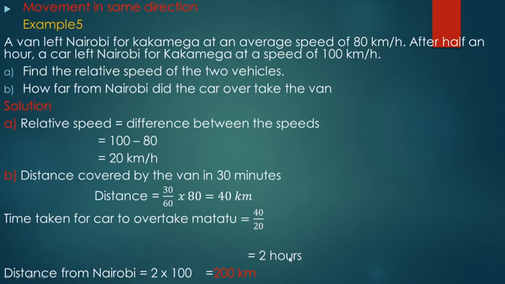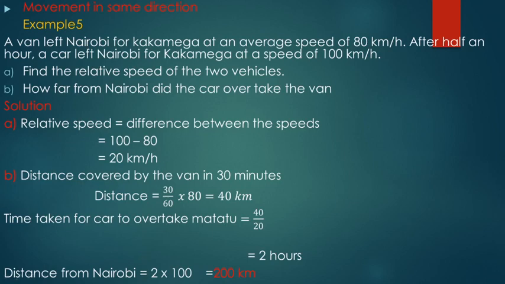So that means for the car to overtake the van, it must run for 2 hours. Remember, after 30 minutes is the time the car started, and therefore the car must run 2 hours from Nairobi to reach the van.